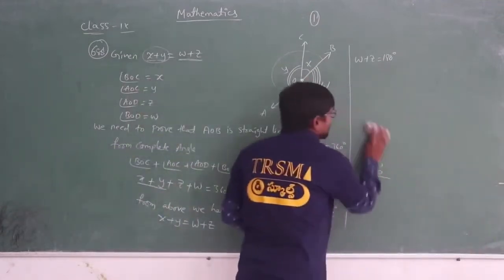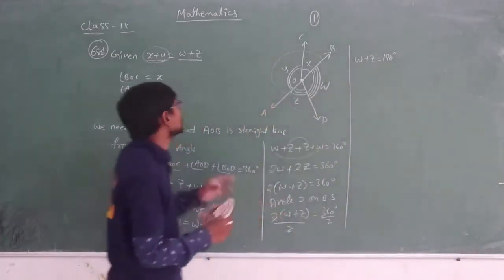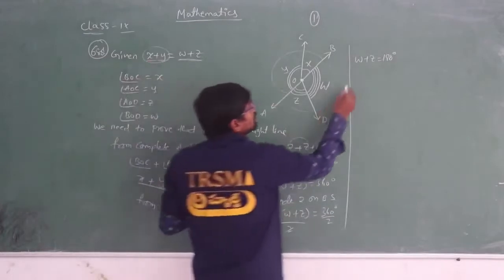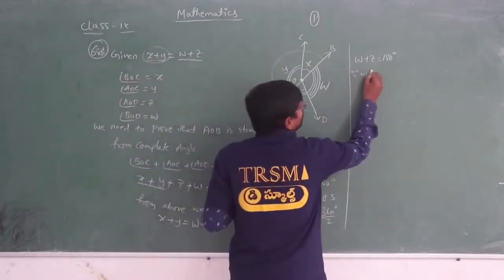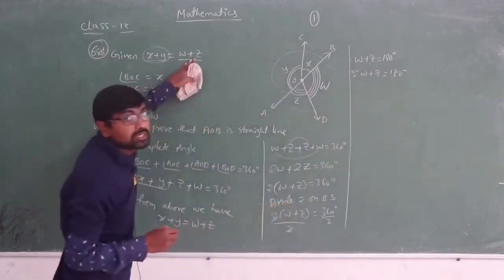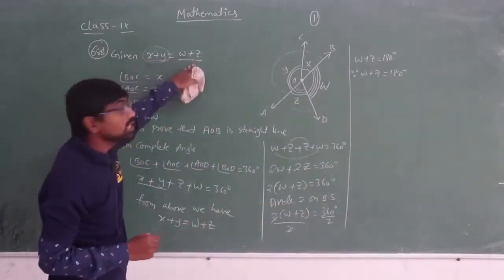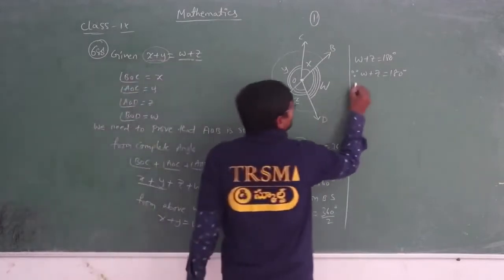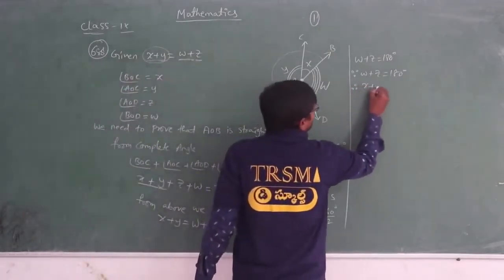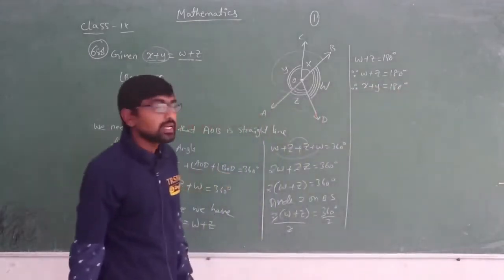Yes. So again you can see the value of W plus Z is equal to X plus Y. It means that since W plus Z is 180 degrees, X plus Y is also 180, right? Why? Because these both are equal. So therefore X plus Y is also equal to 180 degrees.